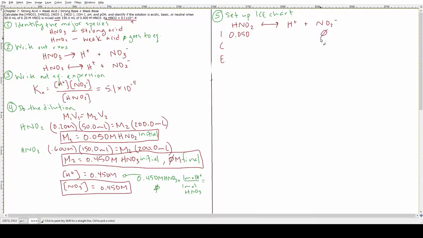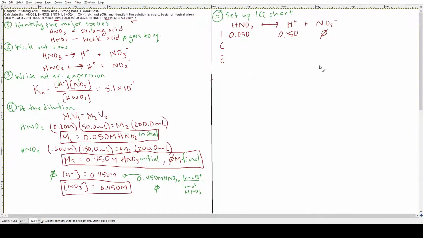Sure, I don't have any nitrate, but if you look down, I'm going to put a green star next to it, right here, we have some hydrogen ions that are going to contribute to this ice chart from the nitric acid falling apart. We're assuming that these hydrogens are present at the beginning. So you throw them in there. There they are. They came from your HNO3 dilution.